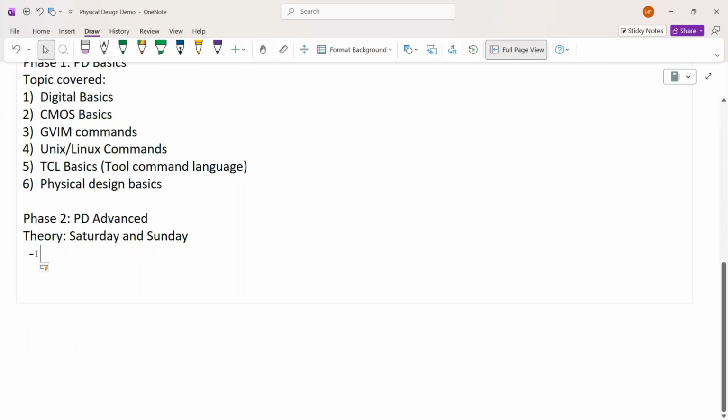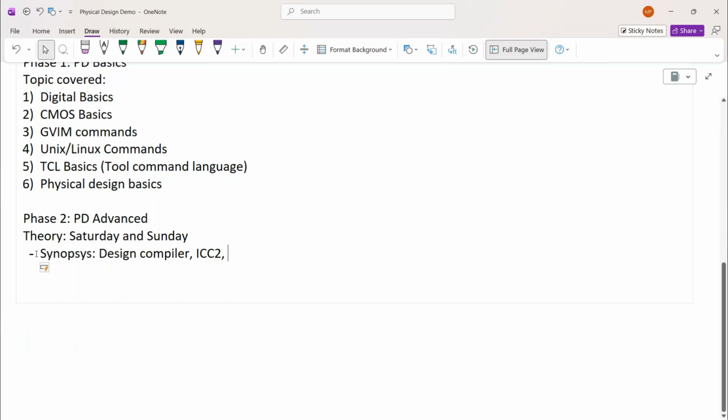In lab, we are using Synopsys tools. We are using Design Compiler for synthesis. We are using ICC2 for PnR.